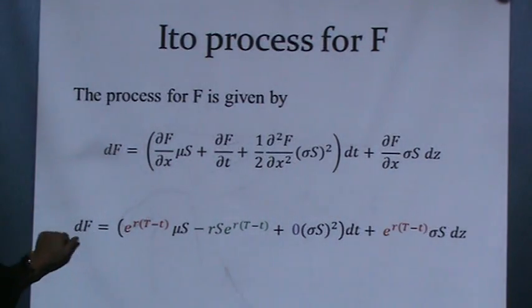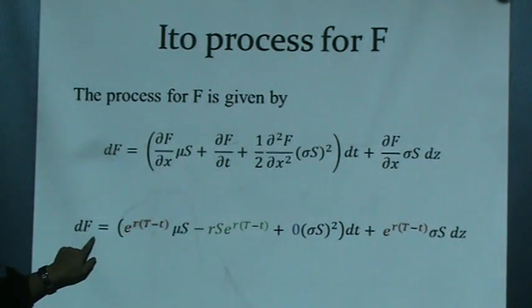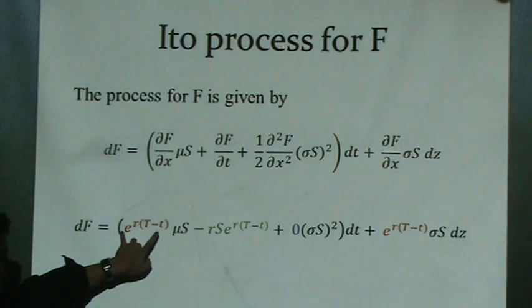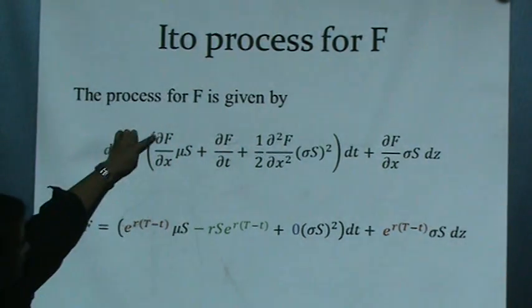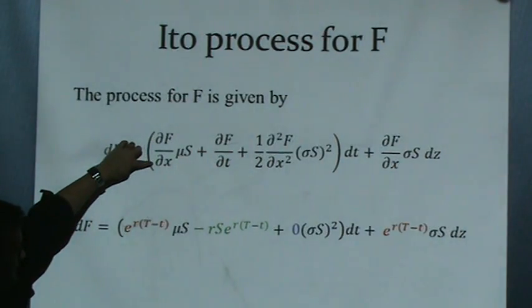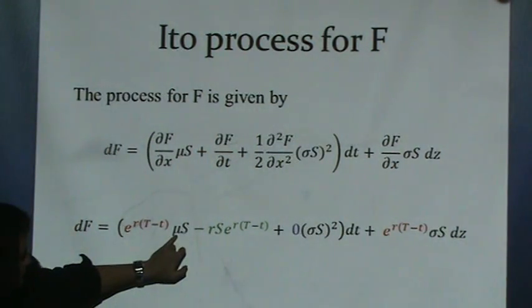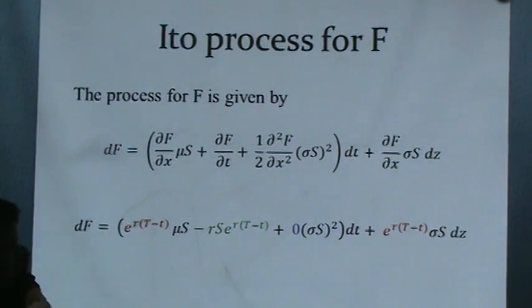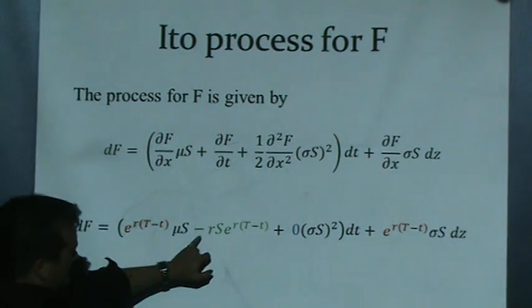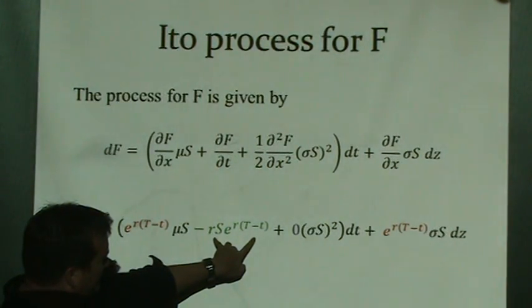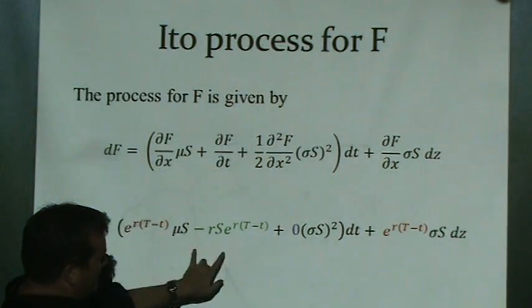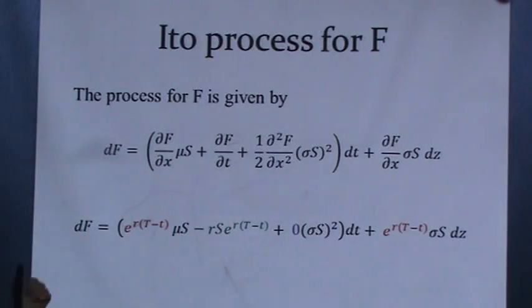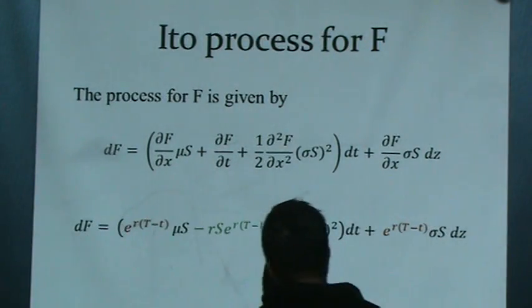We're basically saying the rate at which the forward price changes is equal to the first derivative of the forward price with respect to the stock price, times mu, which is the rate it increases, times the stock price. Plus the first derivative of the forward with respect to time. That was the green component from the last slide.